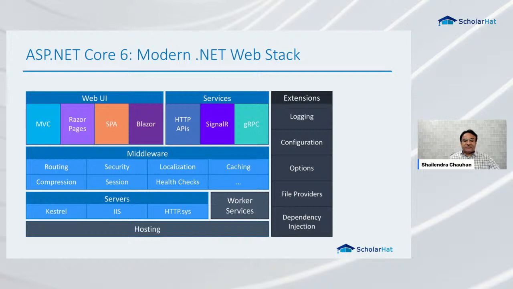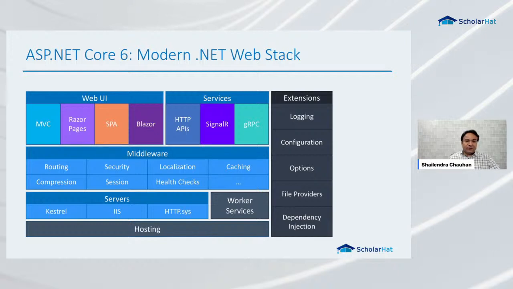All these share common middlewares, where we have routing, security, localization, caching, and session, and they can be hosted on IIS, Kestrel, and other web servers. And these are the various extensions available for logging, configuration, file providers, and dependency injection.